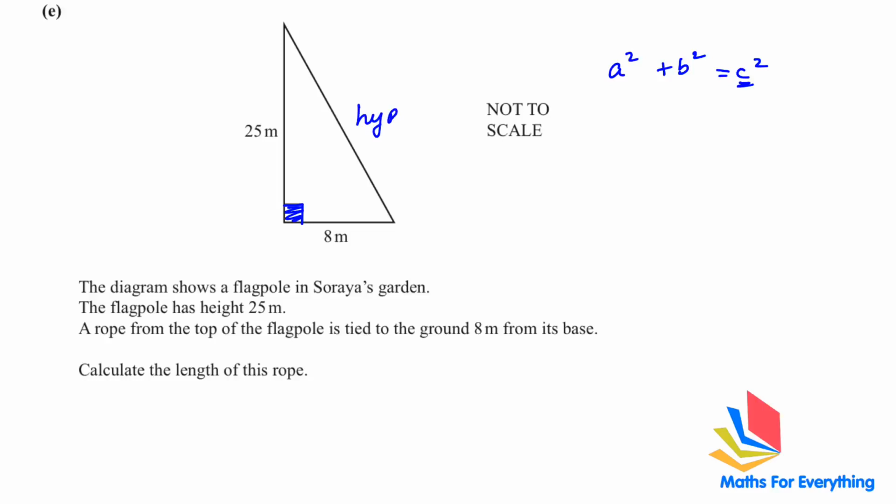So this is the hypotenuse and our C. If the hypotenuse has to be found, we will always write the other two numbers that we have, 25 and 8, and square root. So we have square root of 25 square plus 8 square. That will give us C. Put the whole thing in the calculator to get 26.2. So the answer is 26.2 meters.